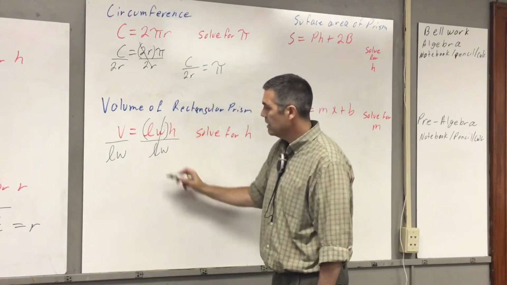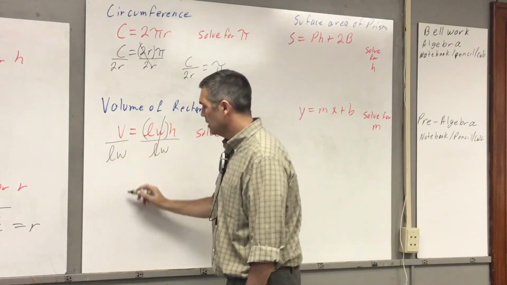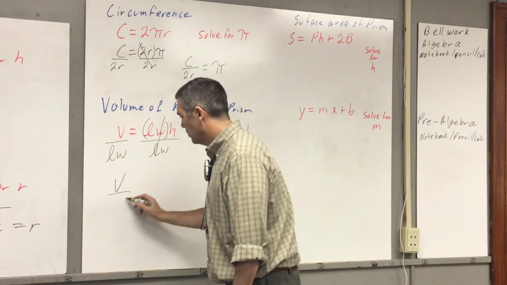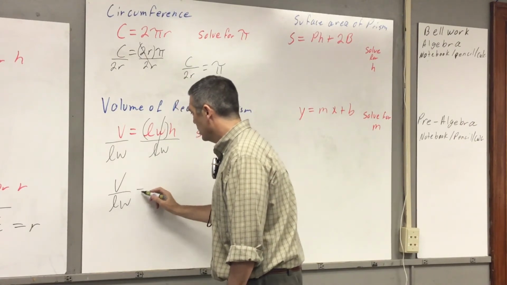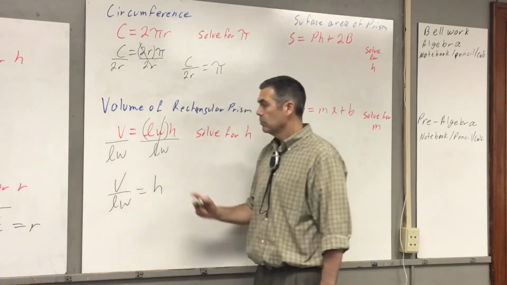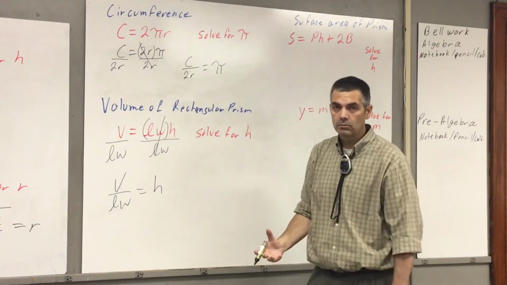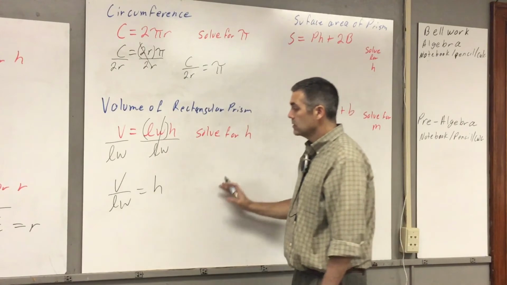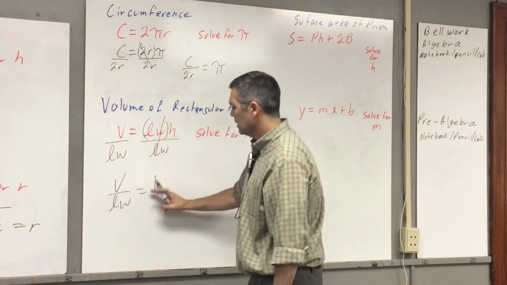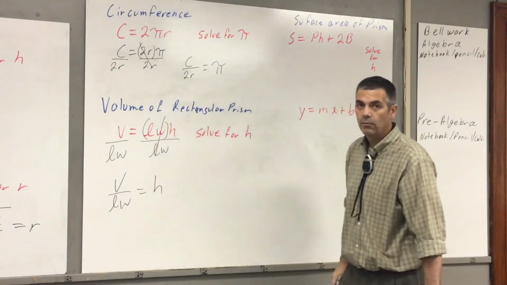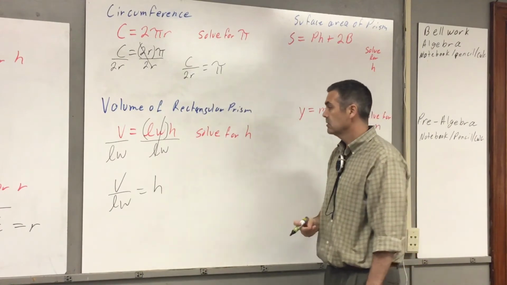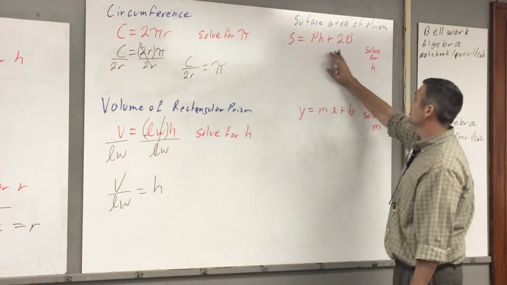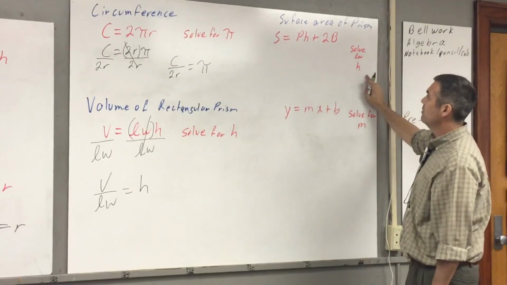This cancels this out. You get V over length times width, so volume over length times width equals height. And now you could have solved for any one of those variables, and it would have ended up being basically the same thing. So volume over length times width equals height, and you have a good formula for you to solve for h.